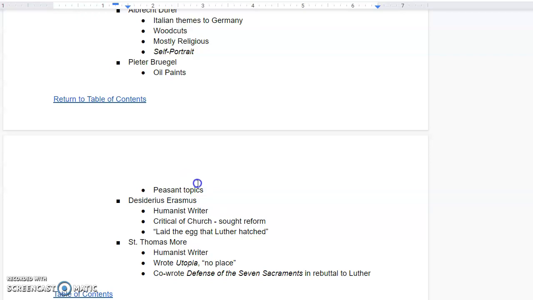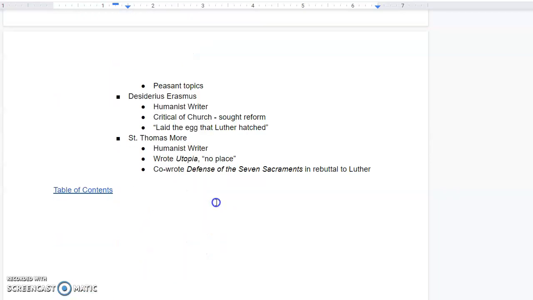Desiderius Erasmus was a famous humanist writer, also, I believe, from the Netherlands. He very famously wrote on all sorts of topics and was critical of the church, mocking inconsistencies, problems and abuses in the church, though he sought reform and not any type of break or revolution or reformation that would come in the coming decades.